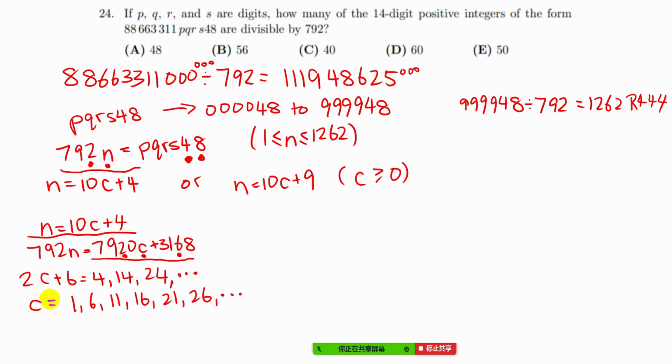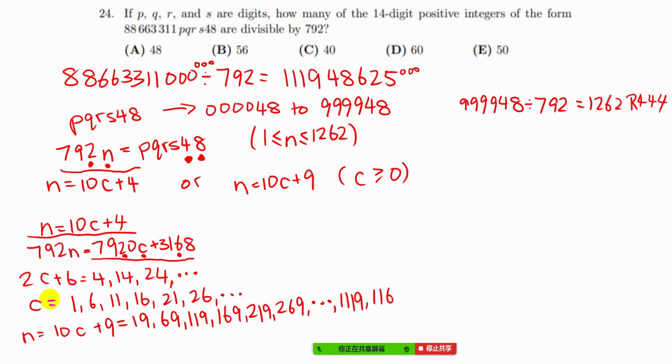And then because n equals 10c plus 9, this would equal 19, 69, 119, 169, 219, 269, and so on, all the way to 1119, 1169, 1219, because the biggest value for n is 1262.